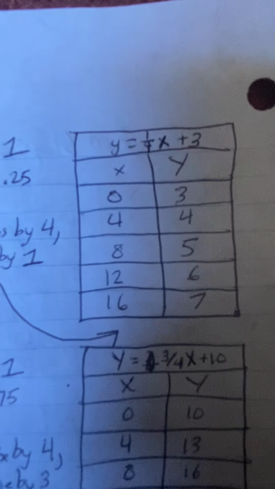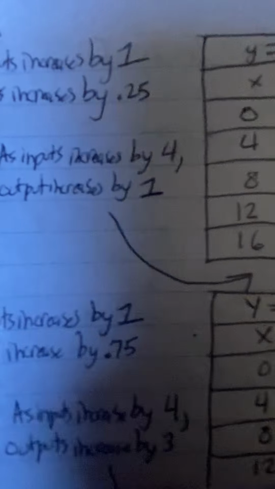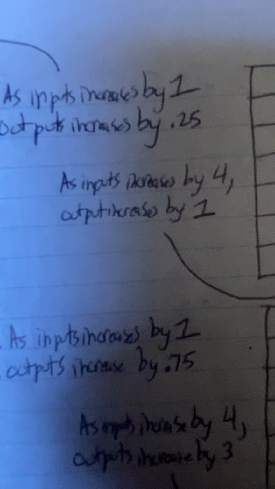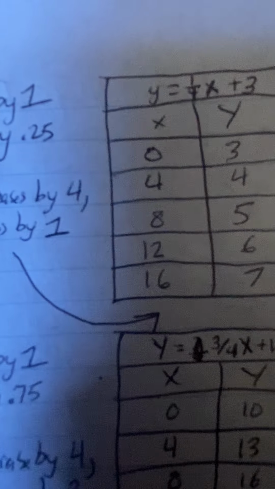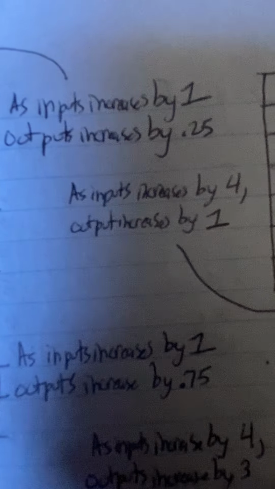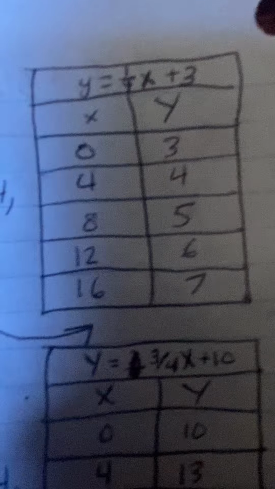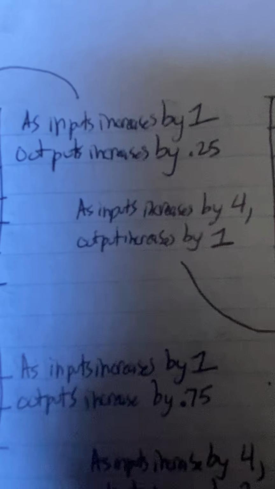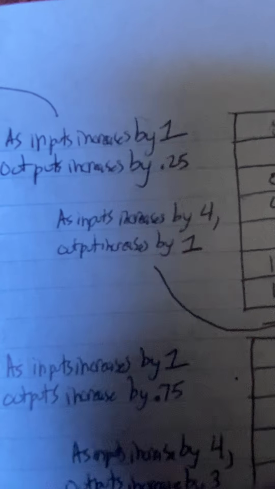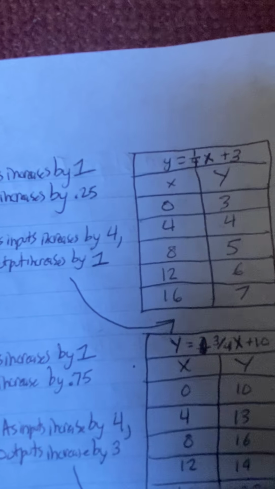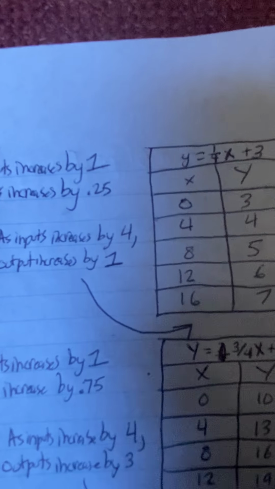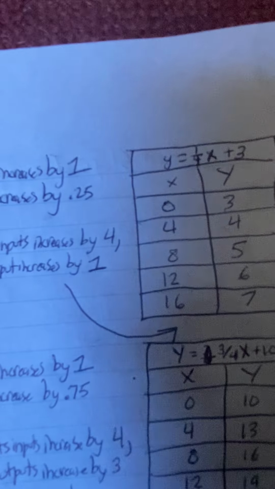So verbally, we would describe this one as inputs increase by 4, 0, 4, 8, 12, 16, outputs increase by 1, 3, 4, 5, 6, 7. Okay? So again, this is another example of how the inputs are not increasing by 1, but we still have a slope. The slope is 1/4. All right, we're going to look at 2 more examples of this.